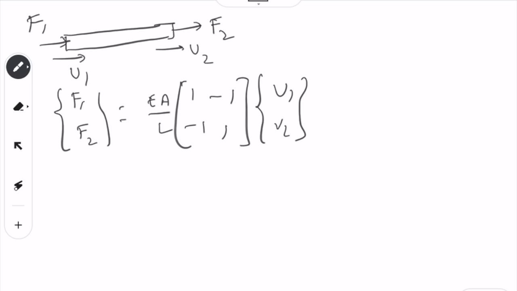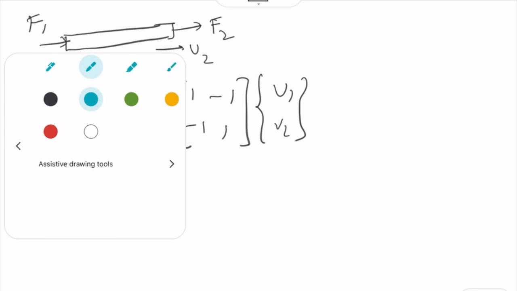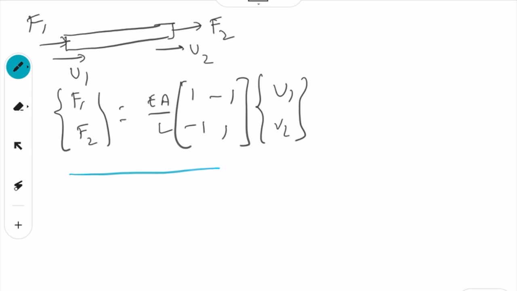We actually have the same bar, let me draw in a different color. So we have the same bar, but we are writing differently. I mean, we are writing in terms of a 4 degree of freedom system.